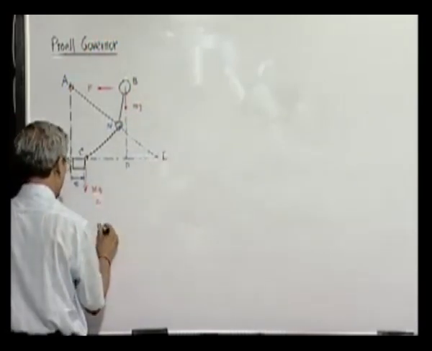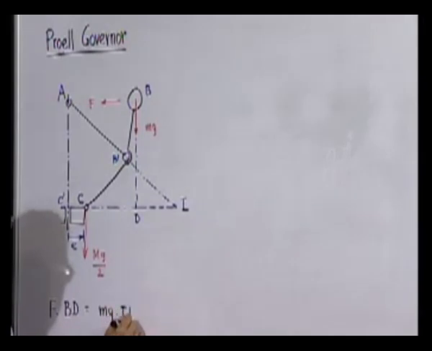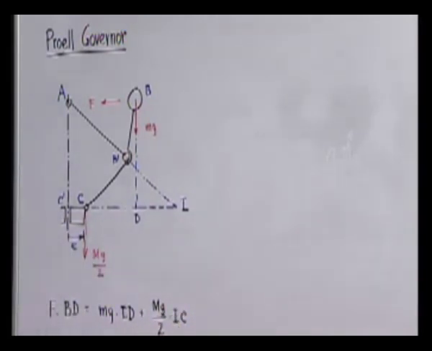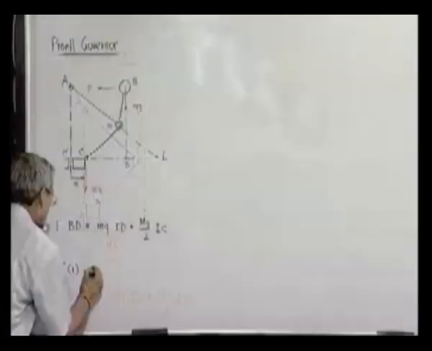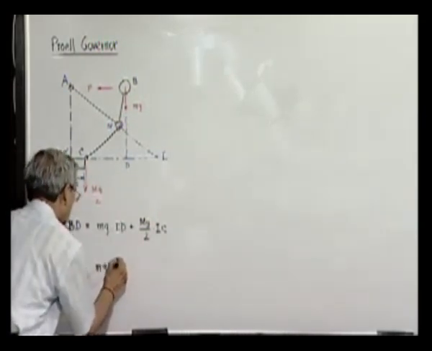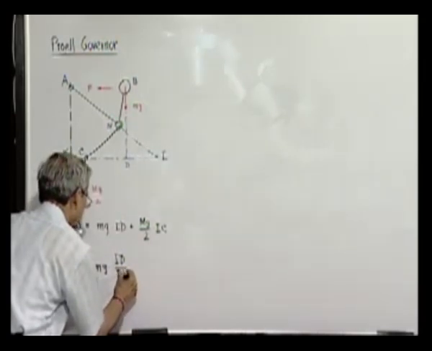So it will be mg into ID plus mg by 2 into ID, and therefore the control force, which is a function of R, will be actually mg into ID by BD.